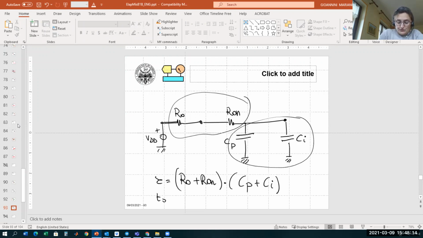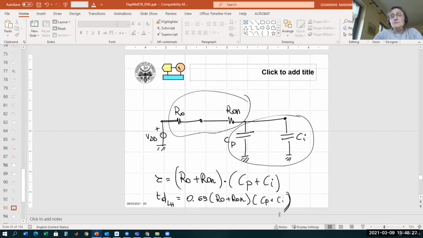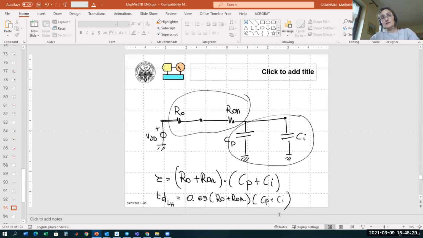So in conclusion, the delay for low to high transition is 0.69 times the time constant. Okay, so the last answer is the correct one. Good.